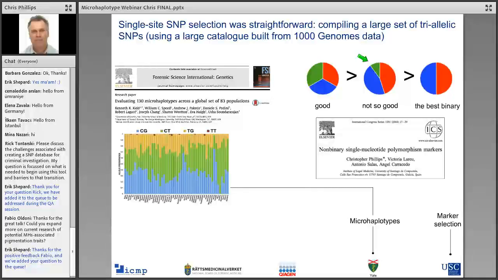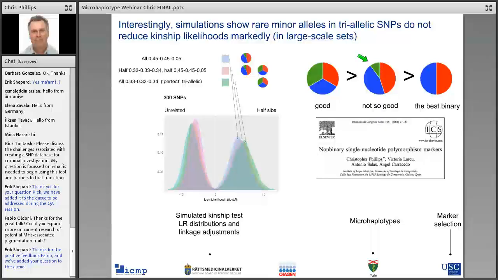But what an interesting thing resulted from one of Andreas's simulations, which was to look at a whole set of perfect triallelic SNPs, 300 perfect triallelic SNPs, half perfect and half one allele being very rare compared to the other two, and then a panel which was exclusively made up of almost binary SNPs with a rare third allele.